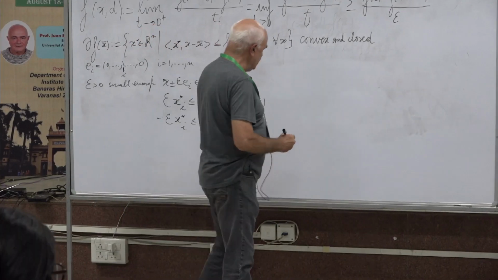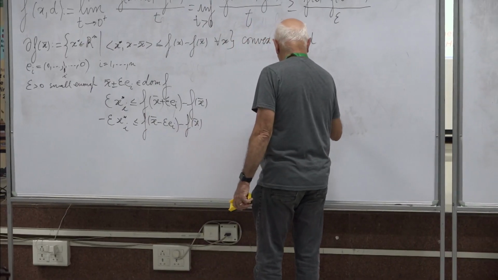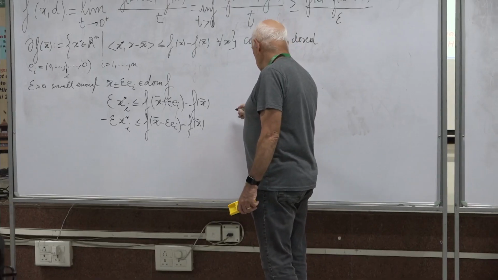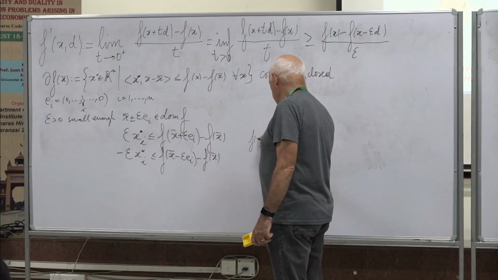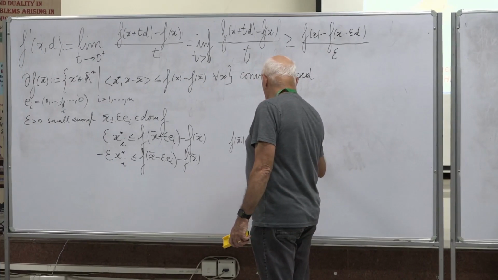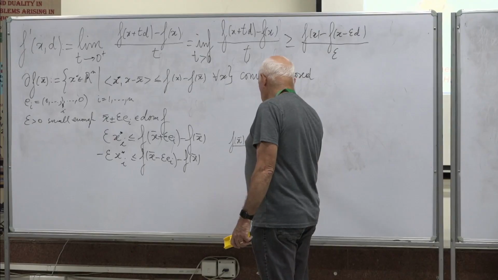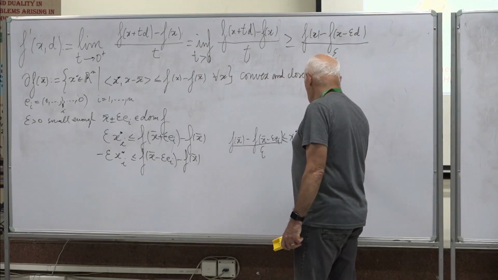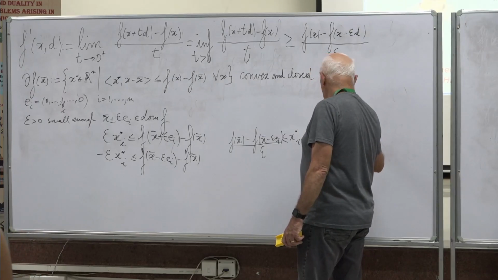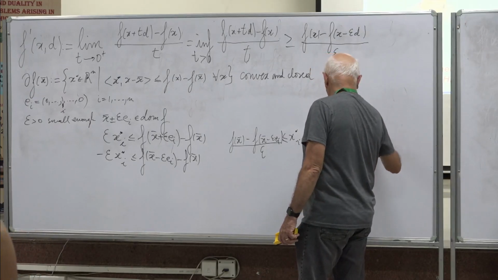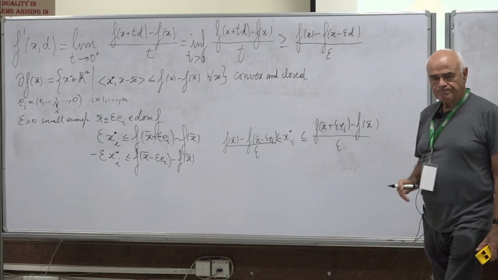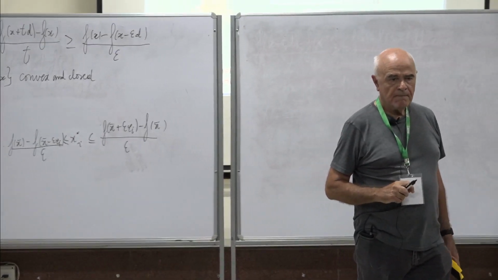So, in conclusion, x star i is between f of x bar minus f of x bar minus epsilon e_i, divided by epsilon, and f of x bar plus epsilon e_i minus f of x bar, divided by epsilon, if I am not wrong. Is this correct?